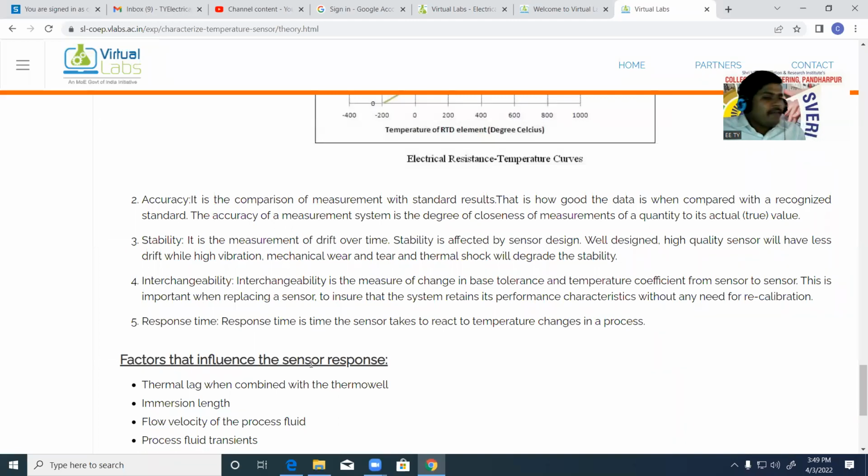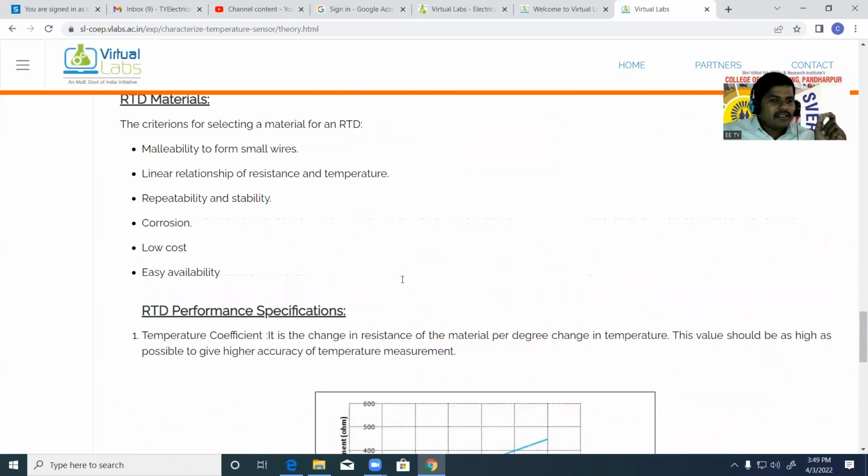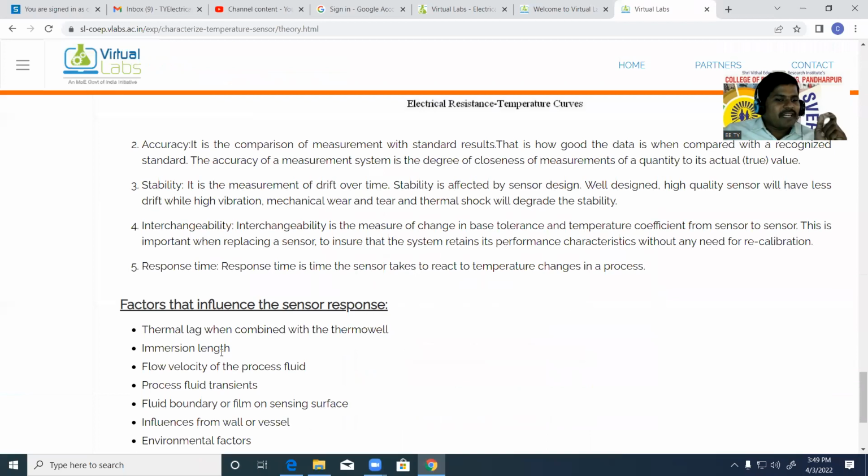Then response time. Response time is the time the sensor takes to react. That means once it senses the stimulus, within how much time it will respond. So it is nothing but response time. If there is a temperature change in the process, these are some of the specifications of that sensor.